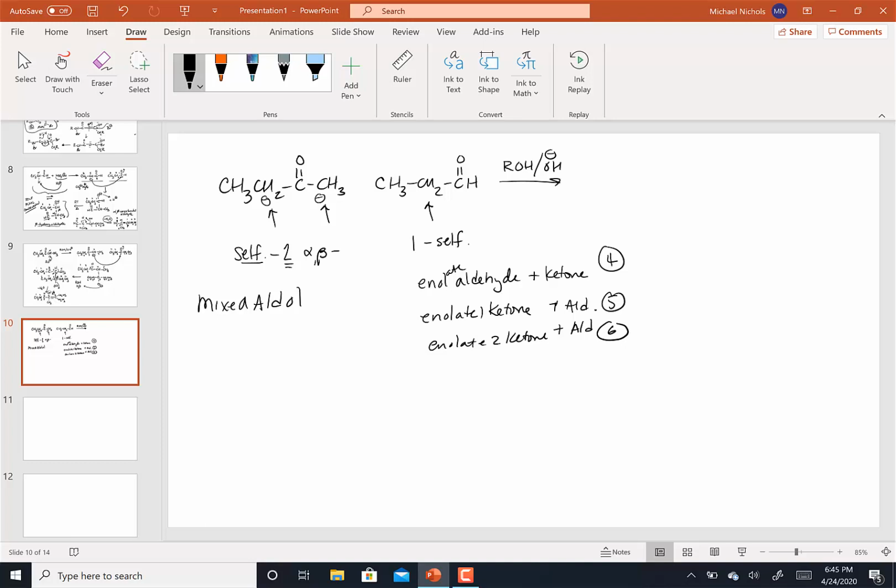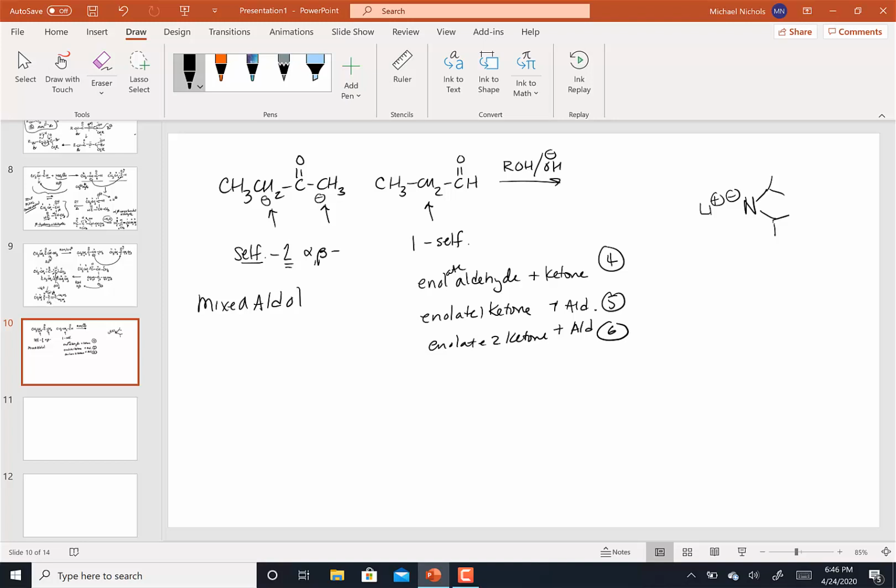So what hampered aldol condensation chemistry prior to the development of bases like LDA was that you got this mixture of enolates, and then the mixture of them reacting with themselves and also then reacting with the other molecule, so that you would get 6 different products.